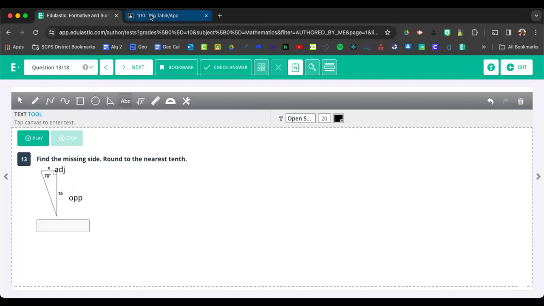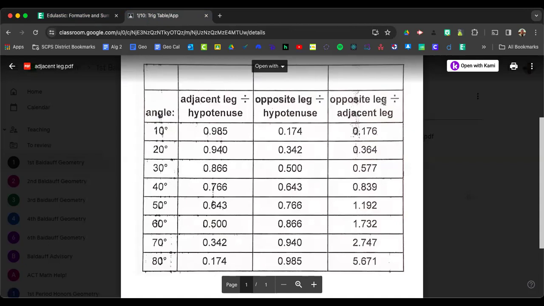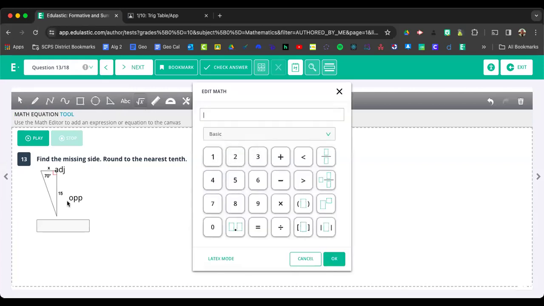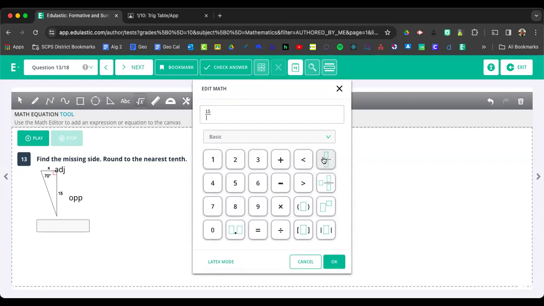So what we are going to do is use opposite over adjacent and set up a fraction using these two values. Here's how that would look. We've got 15 over x.